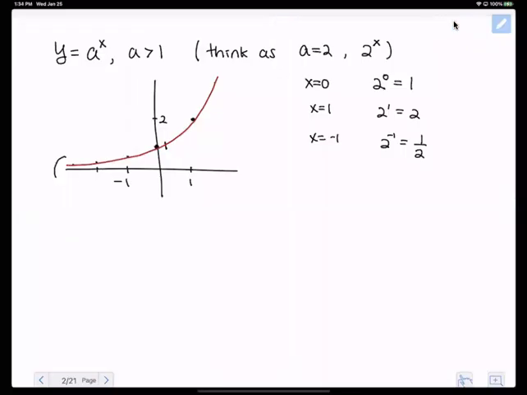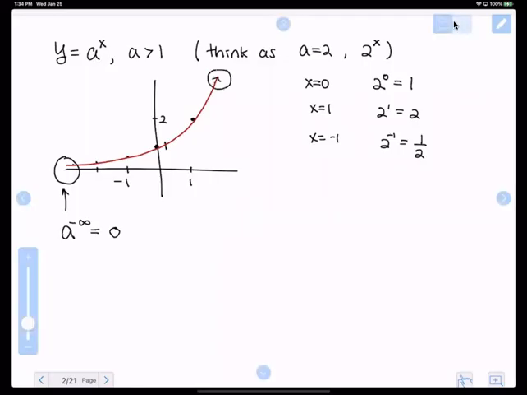So from this graph, when x gets to be a negative large number, your function a to the negative large number, we know that is approaching 0. For this side, a to the positive infinity, which is a positive large number, we have positive infinity.